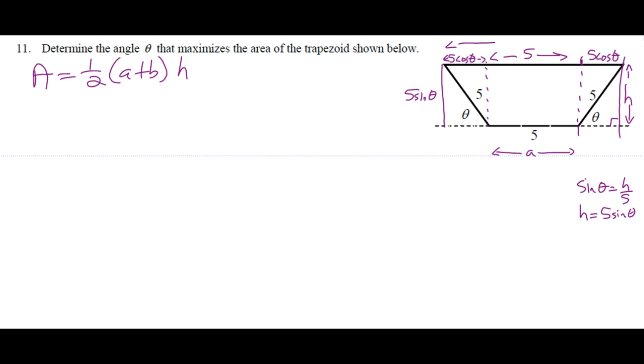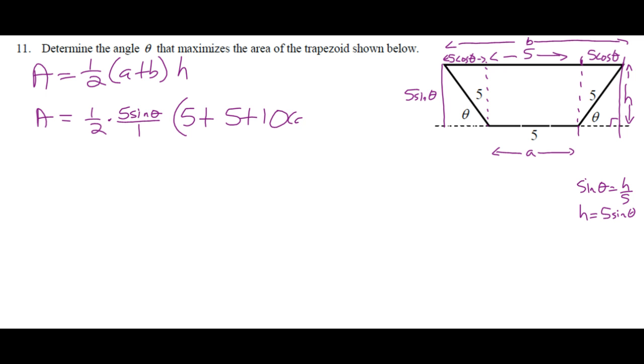And so that is our B. All right, so we can fill stuff in. We know A is 5, we know B is 5 plus 10 cos theta, and we know h. So area is 1/2 times, let's put the h in front, 1/2 times h, 5 sine theta, times a plus b, so 5 plus 10 cos theta.